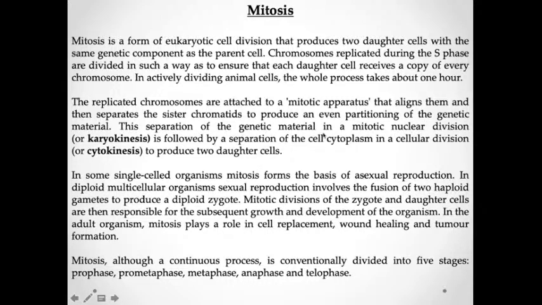This separation of genetic material in mitotic nuclear division is called karyokinesis and is followed by separation of cells in cellular division called cytokinesis to produce two daughter cells. Mitosis is a continuous process divided into five different stages: prophase, prometaphase, metaphase, anaphase, and telophase. In adults, mitosis plays a quite important role in cell replacement, wound healing, and tumor formation.